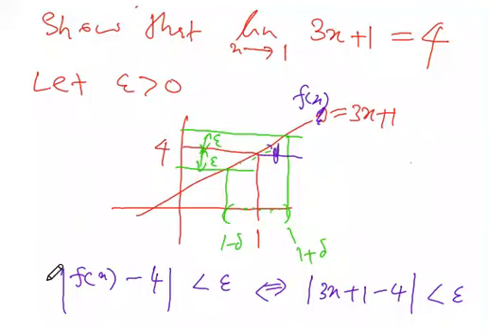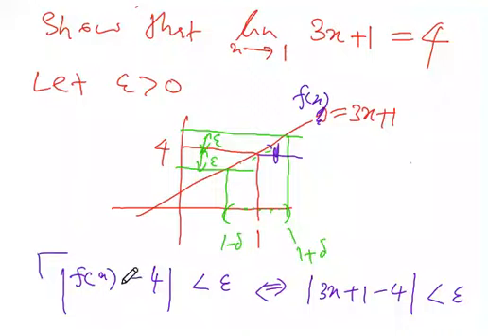This is actually rough work. If we want to obtain a delta, let's see if we can find a delta, depending on epsilon, around this interval. This is rough work.